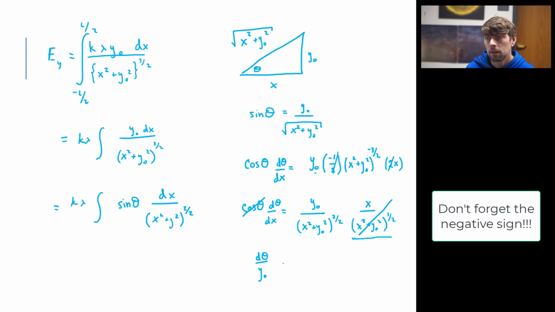And I get it equaling dx over x squared plus y naught squared to the 2 halves, which was the exact thing that I need to replace in my integrand. So let's go ahead and do that substitution. I end up with something that says k lambda, the integral of sine of theta, d theta, all divided by y naught. That's it.